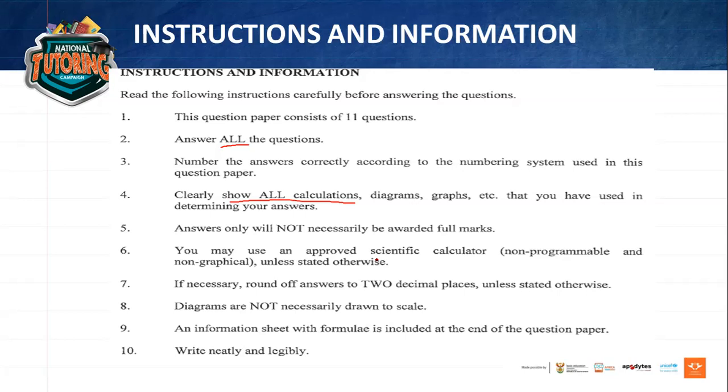It means that it is non-programmable nor graphical, unless it is stated otherwise. If necessary, please remember that our final answer, we round it off to 2 decimal places, all right? And of course, the diagrams that would be given to us are not necessarily drawn to scale. Okay, so that is important.